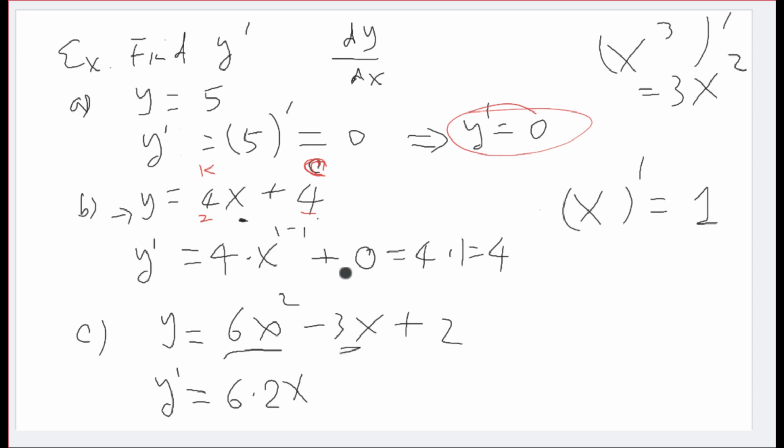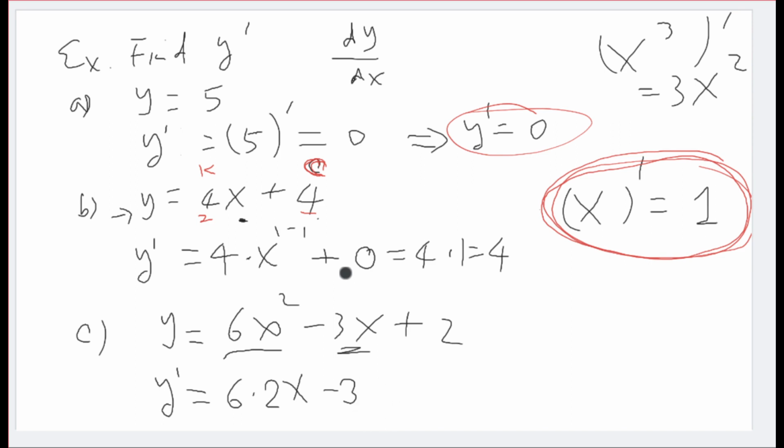Second term, negative 3 is like a k constant, times the derivative of x. We see differentiation of x a lot. That's why I commented on this on the side. So the derivative of x, as we see here, is 1, so you don't need to write it down.